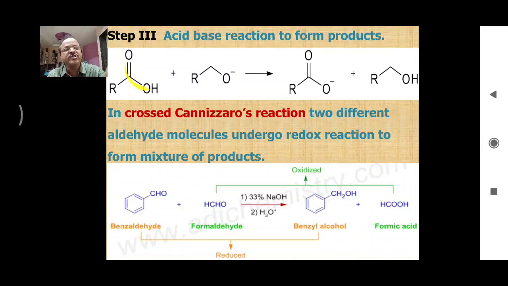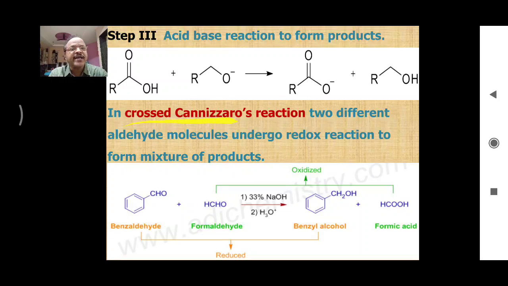In between these two, acid base reaction means this H will be donated towards this, or this H forms the bond with this O minus, and that is formation of this alcohol, and as H plus is removed from this acid, its oxygen carries negative charge. Further, this on acidification forms the acid.